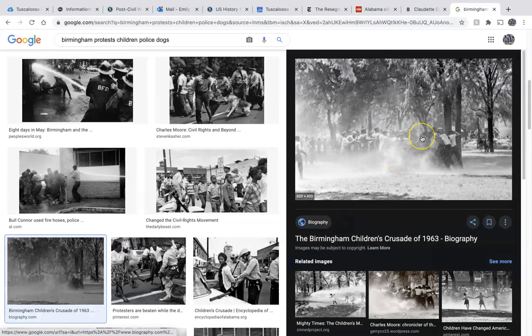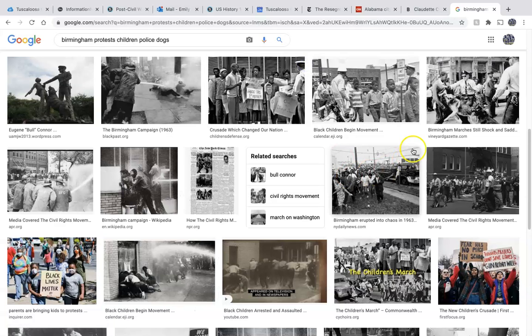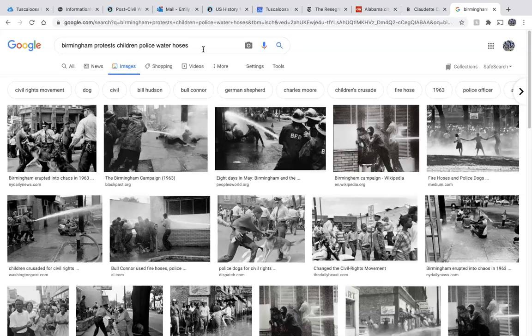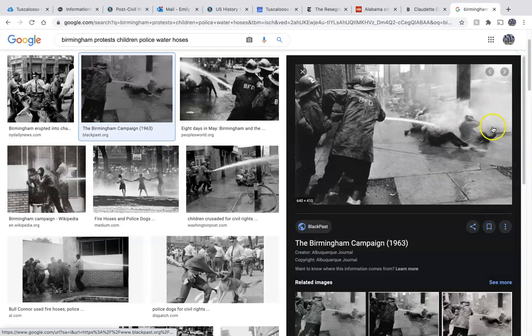Now let me show you. Again, this is Children's Crusade. All right, now let me show you also water hoses. All right, so notice this. Now, if you've ever experienced, I mean, hopefully you haven't, but if you ever had somebody shoot you with a water hose, a fire hydrant or an actual police fire hose, that is so much more pressure.